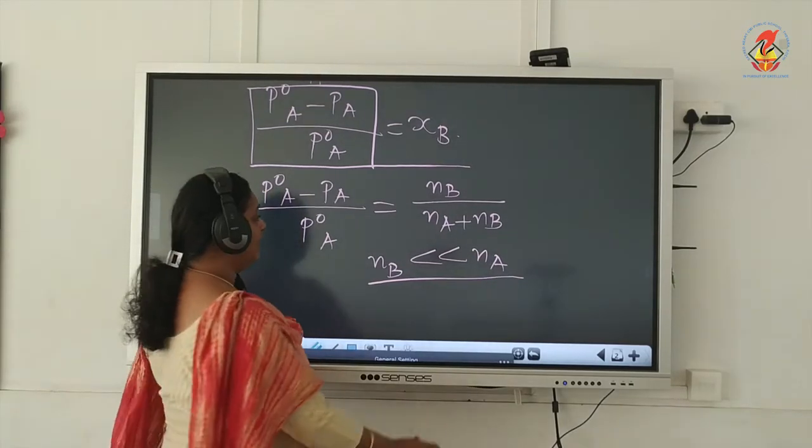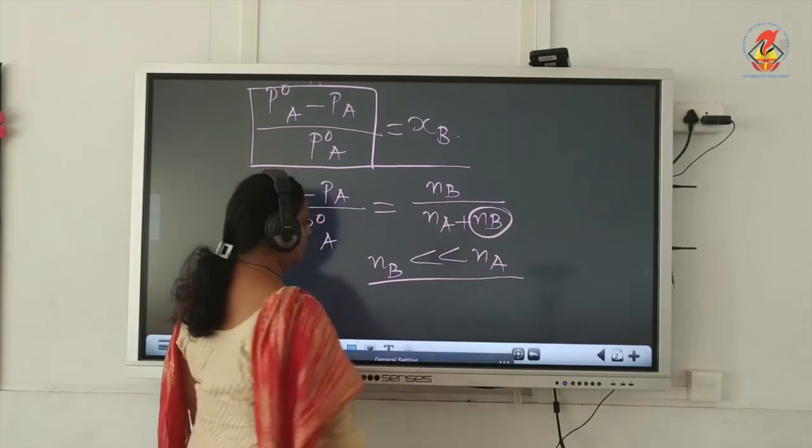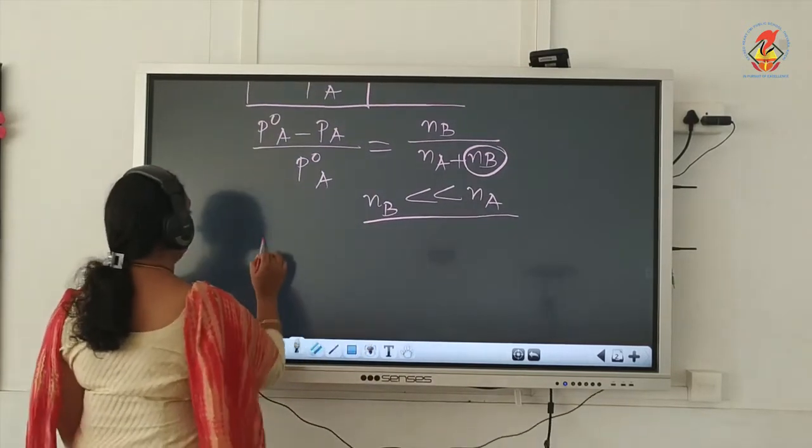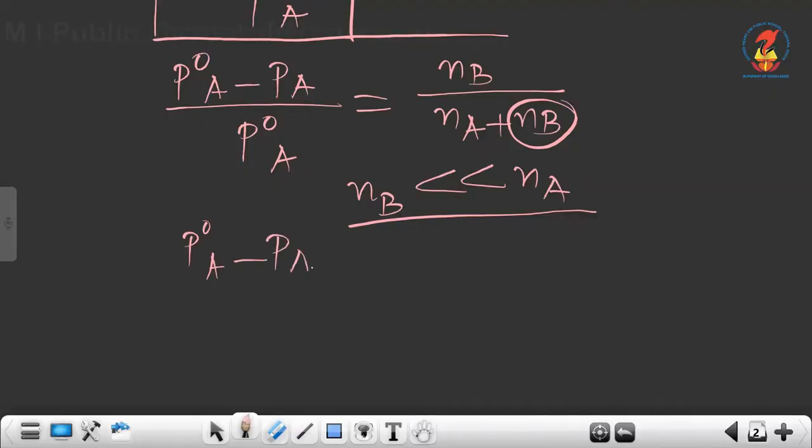So we can neglect the term NB in the denominator. So our expression becomes (P naught A minus PA) divided by P naught A is equal to NB by NA.